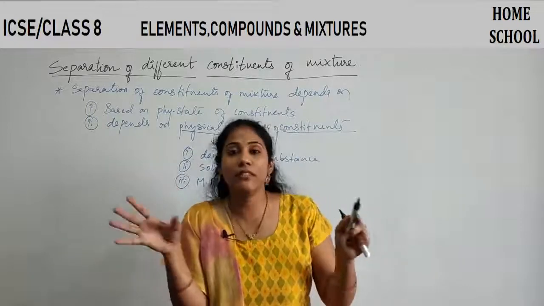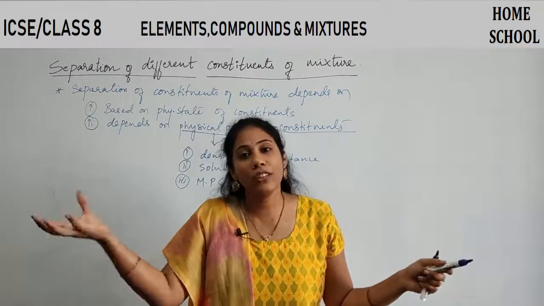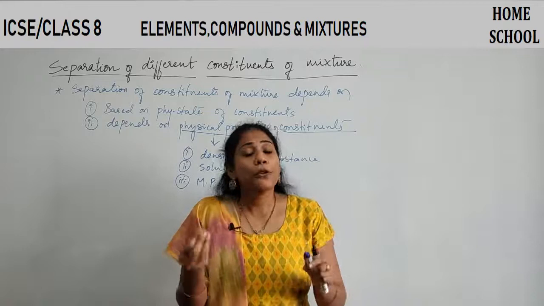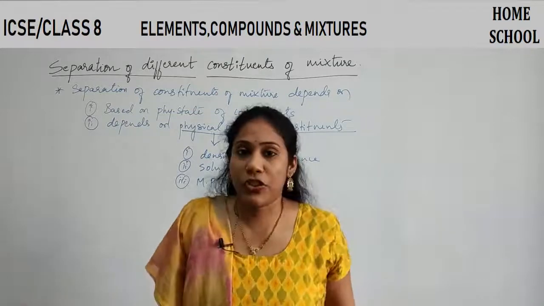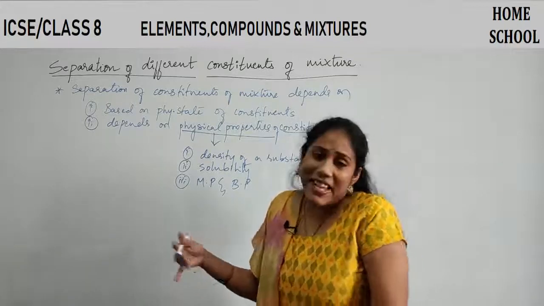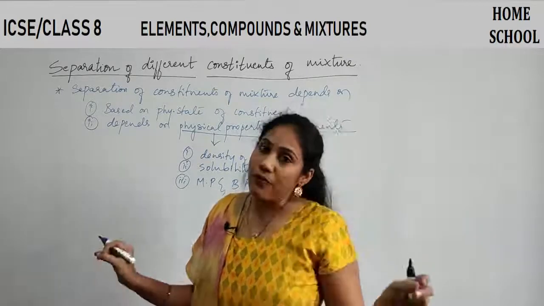Right? Based on some separating technique which depends on the temperature, you can select that particular method to separate the components of a mixture. Clear? So melting and boiling points is another physical property we consider to separate the components of a mixture.